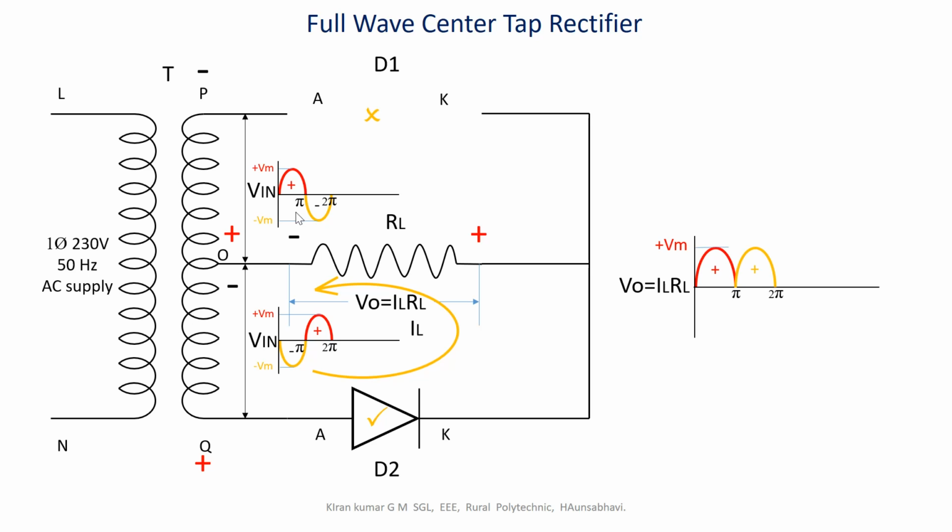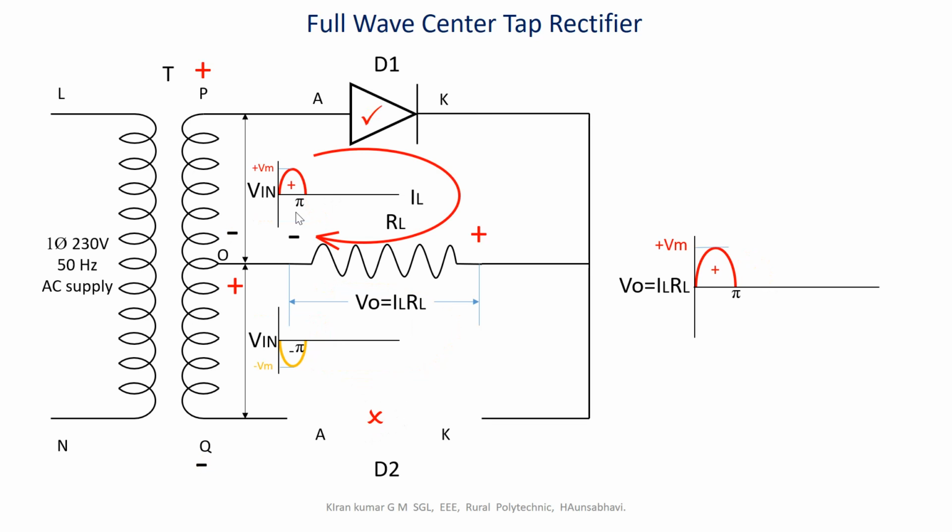Now terminal P will be negative with respect to the center tap O. This makes diode D1 reverse biased, and the polarity of Q is now positive with respect to the center tap O, and this makes diode D2 forward biased and conduct the load current, as mentioned by the yellow loop line through this lower secondary loop, wherein, compared to the previous first half cycle behavior, you can see that the direction of the current was from the right side to the left side through the load resistance RL.